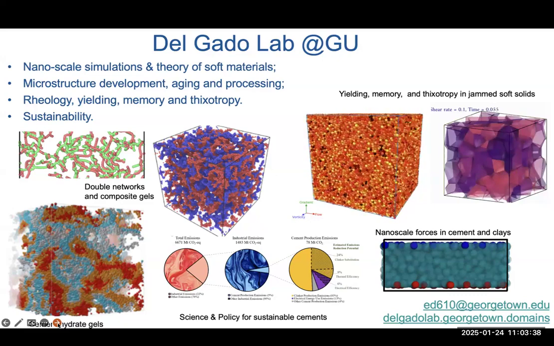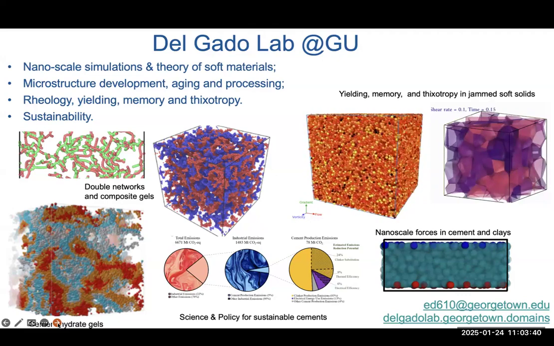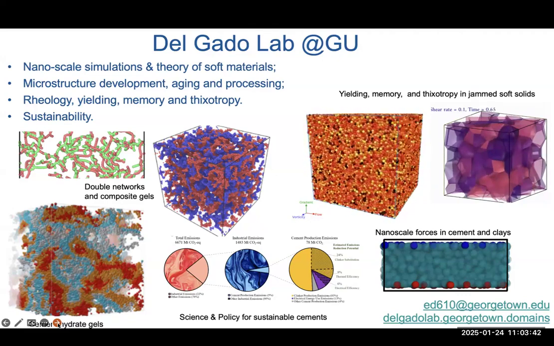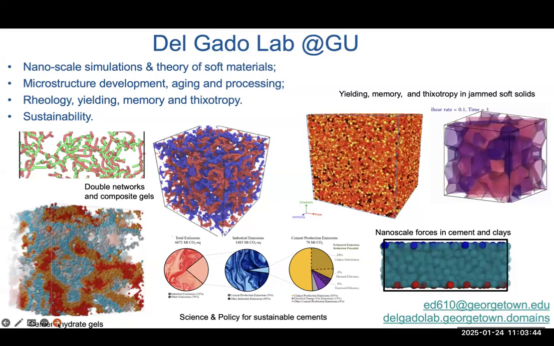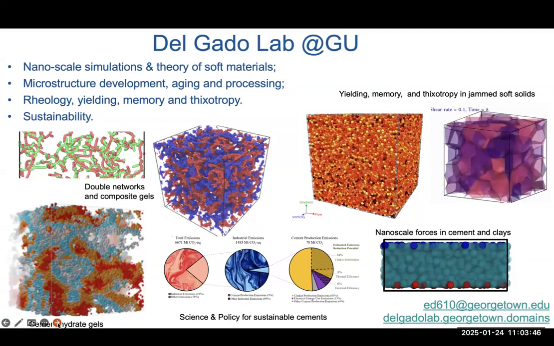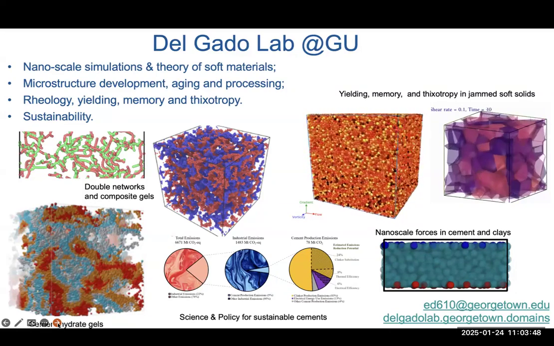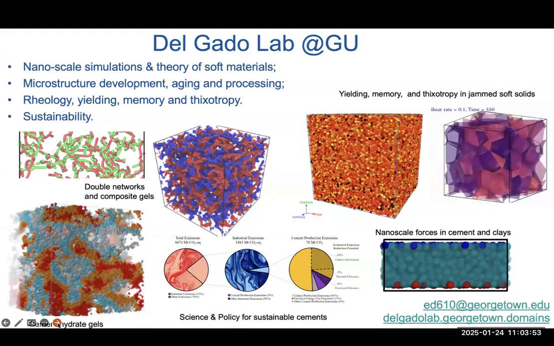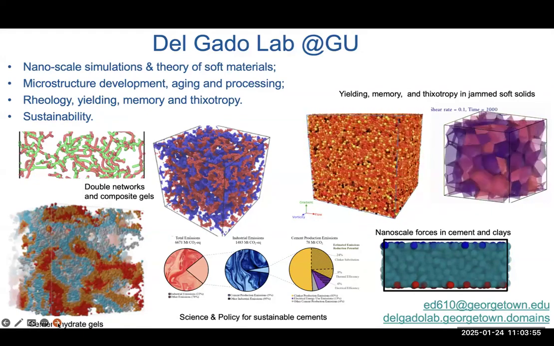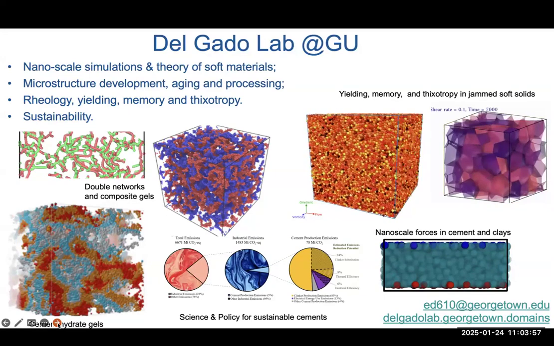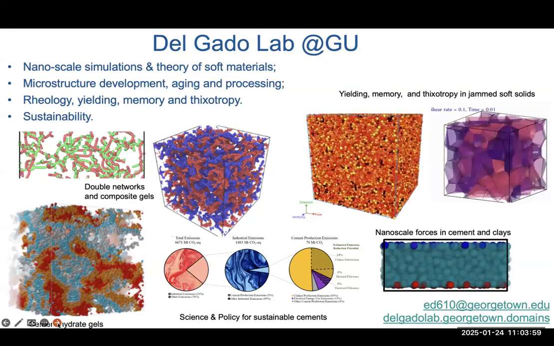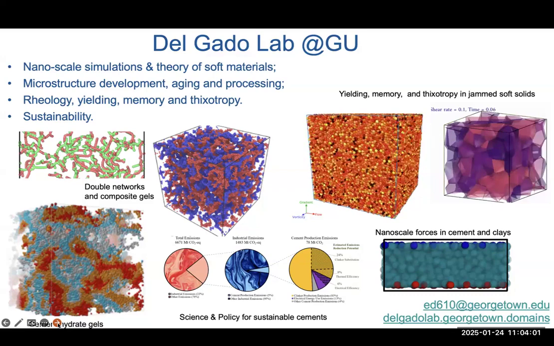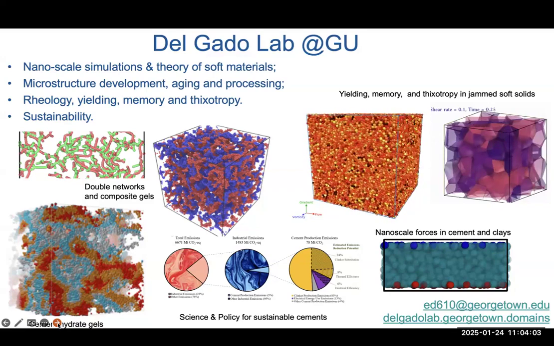Currently in my group, there is a range of topics that we're excited about that go from multi-component networks to jammed systems under flow, in which we study memory effects and thixotropy. We are very interested in the connection between the material properties and sustainability, both of the processes through which the materials are created and made, and the processes in which they are used.